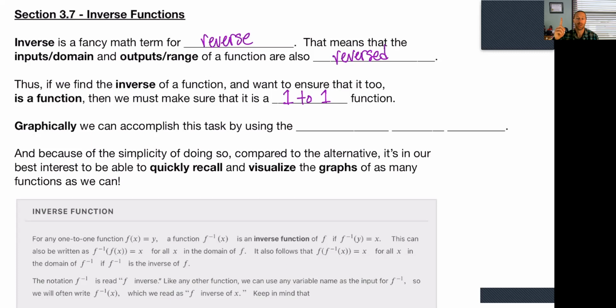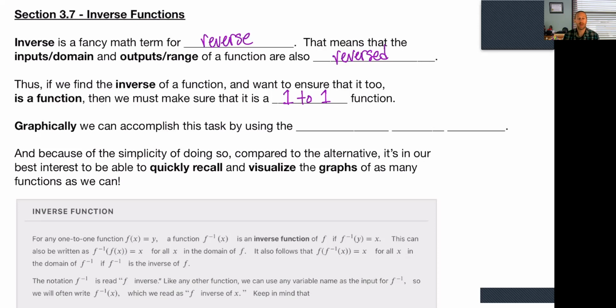That's a function. But if I go the reverse direction, then for that one output, I need to make sure that it maps to one and only one input. So that one-to-oneness for a function means that one-to-one, one-to-one in both directions.